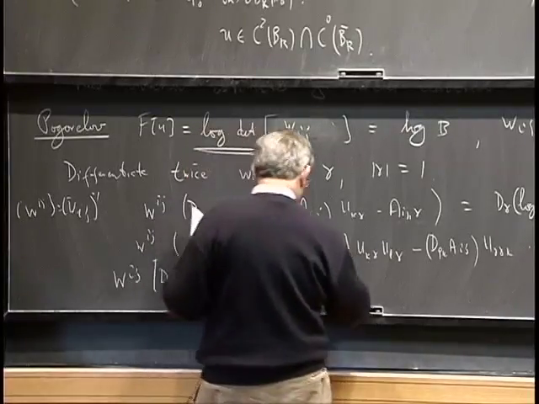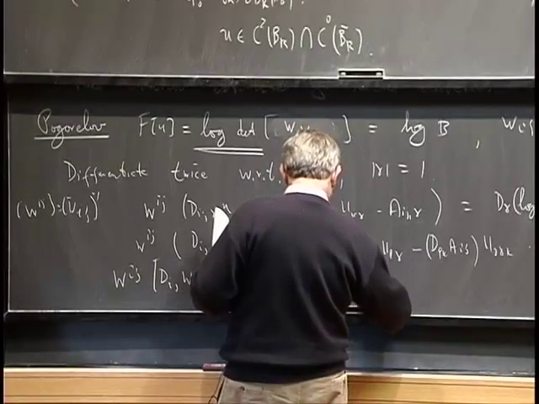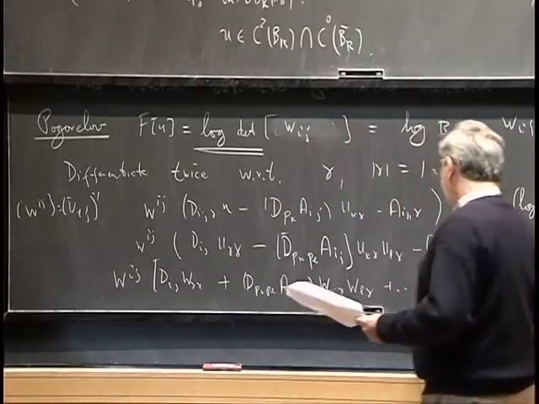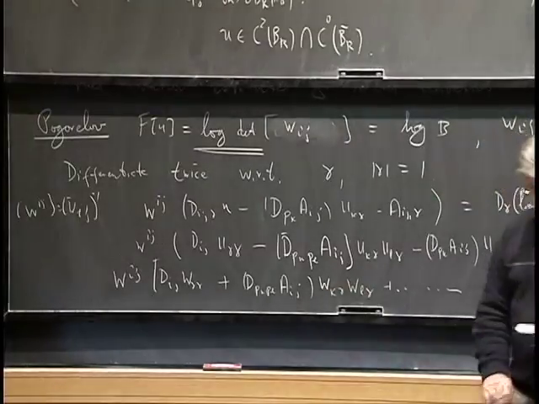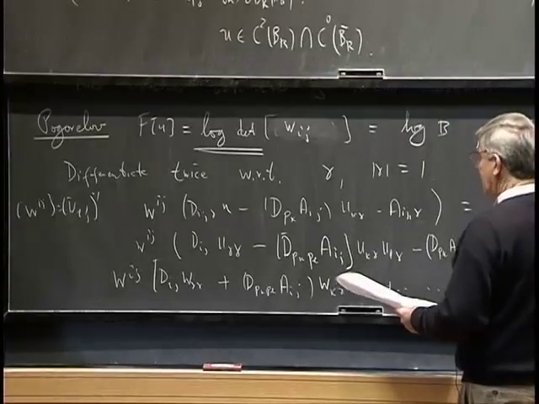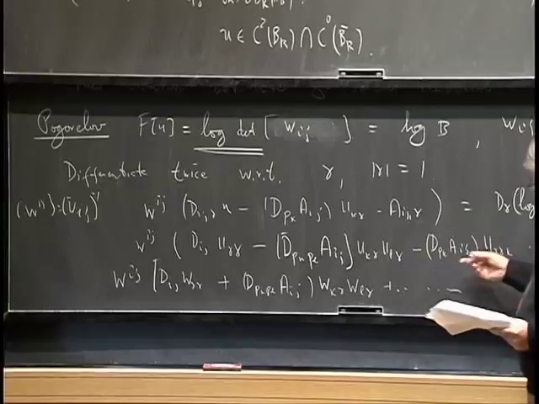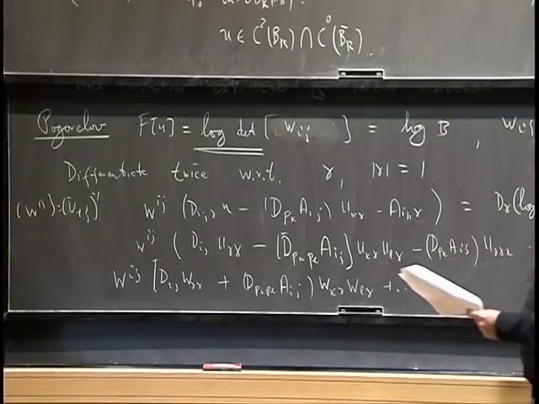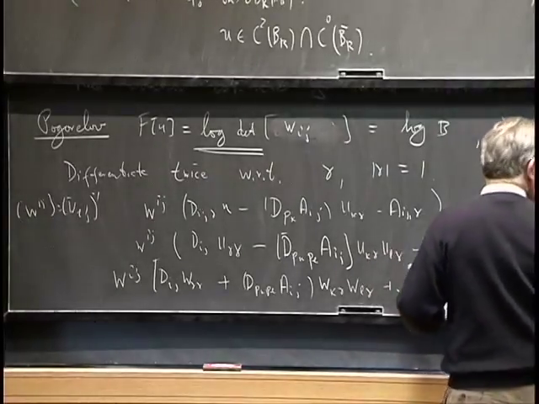I'll have this form W_k gamma W_l gamma plus dots is good stuff. By good stuff I mean the growth is no more than linear in second derivatives, or third derivatives like this, which essentially behave like second derivatives at a critical point of this function, and over here my same stuff.